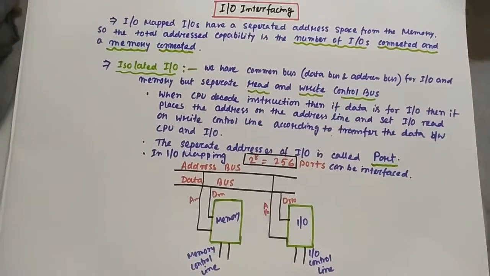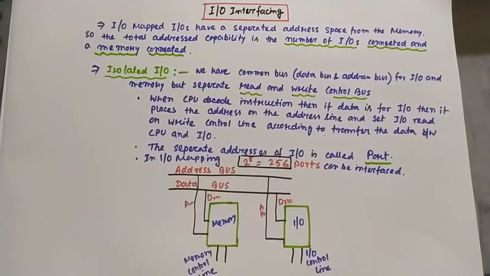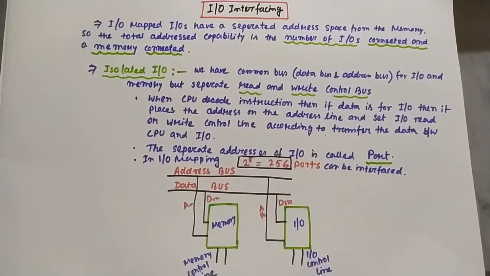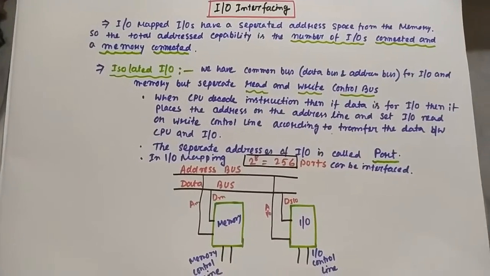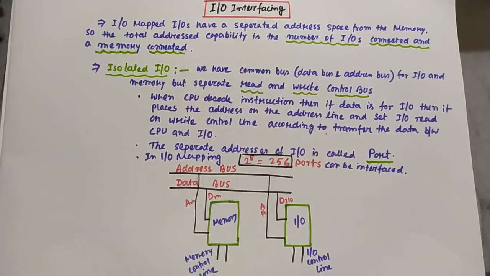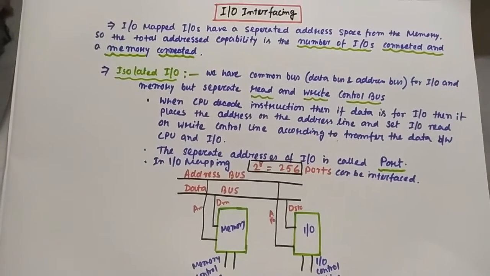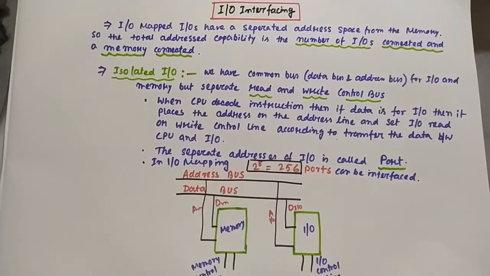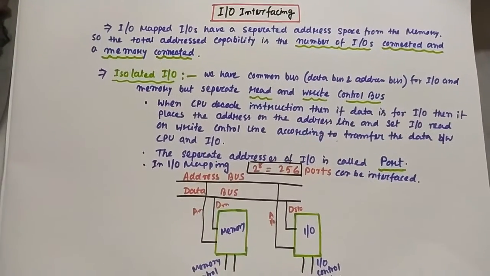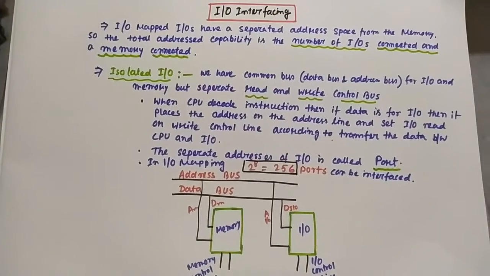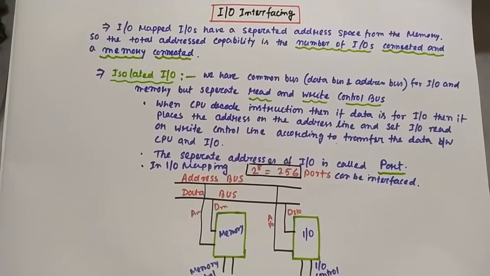When the microprocessor has to send data or accept data from an input device, or send data to the display device, it has to point out that particular location from where it can accept the data, or where it has to send the data. For that reason this type of interfacing is required.